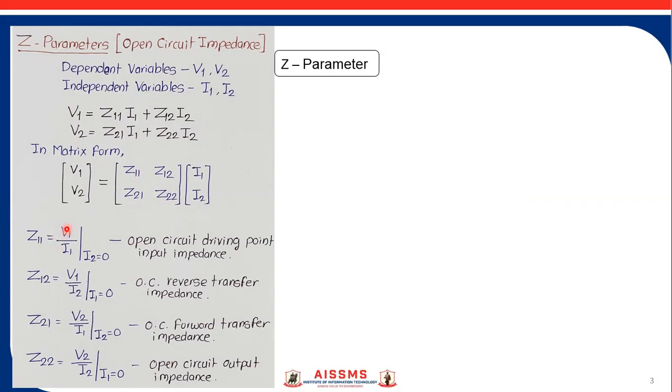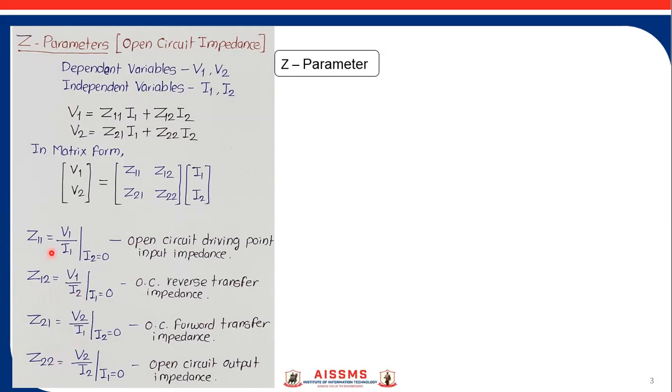Z11 equal to V1 upon I1. When we open circuit output port, we get Z11 and Z21, and when we open circuit input port, we get Z12 and Z22.